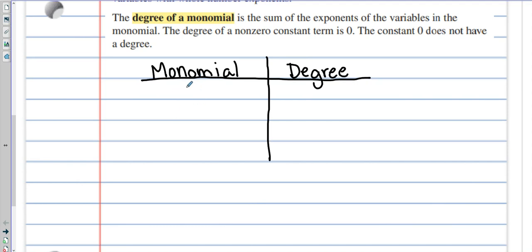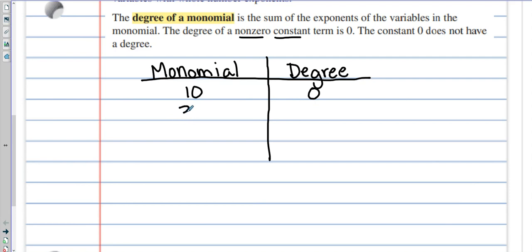So the first example is the constant 10. Well, we said earlier that if we have a non-zero constant, then the degree is 0. So the degree for a number by itself is 0. Unless it's 0, if this is a 0, then there's no degree.